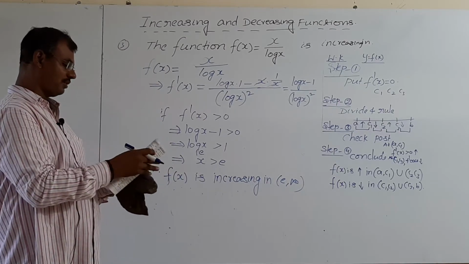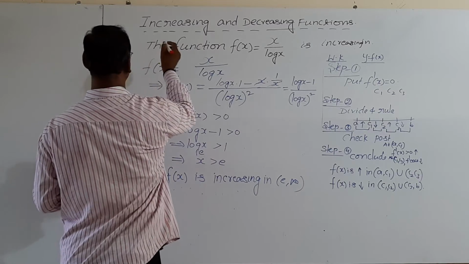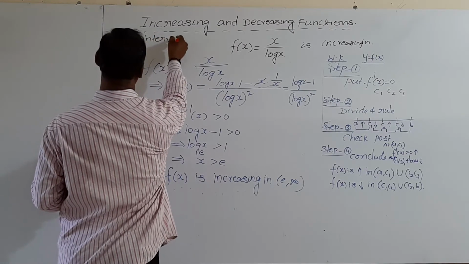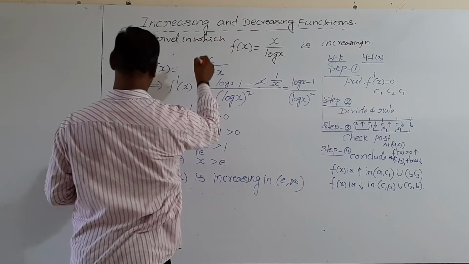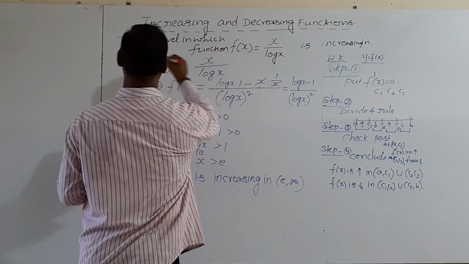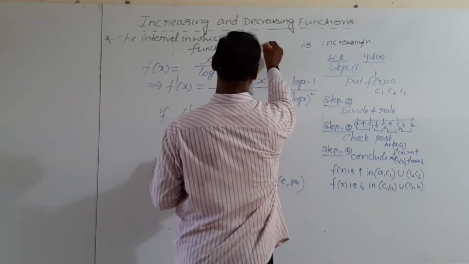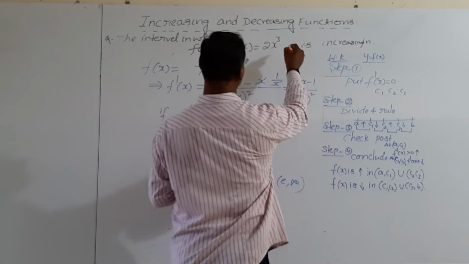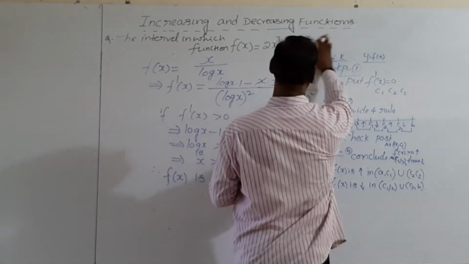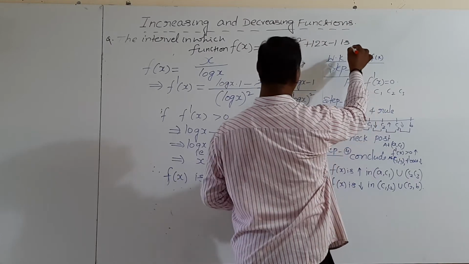The interval in which the function f of x is equal to 2x cube plus 9x square plus 12x minus 1 is decreasing.